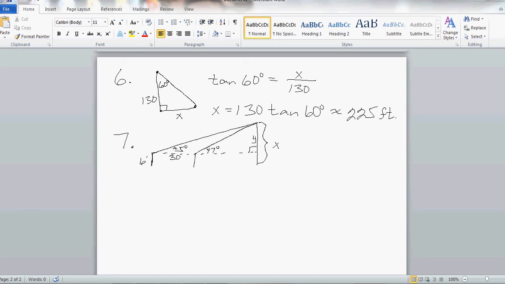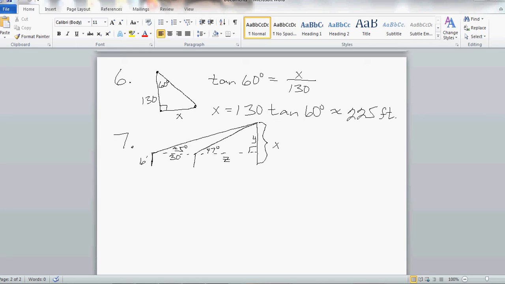But the problem here is that we need to also deal with this particular distance right here. Now realize this particular example is actually easier to solve using the law of sines, but we aren't quite ready for that. If this were the next section, it'd make a whole lot more sense. But right now, we're just going to let this be distance z.